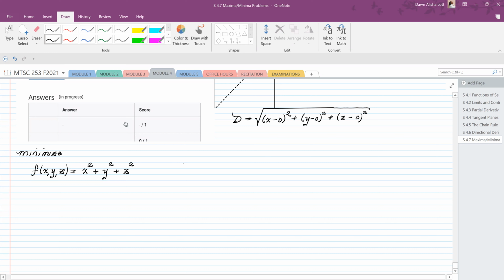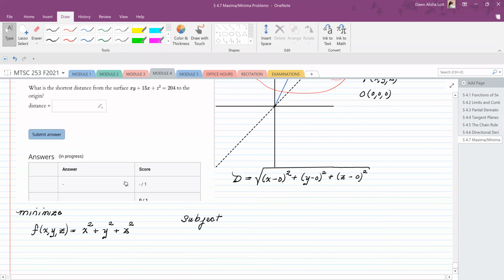Okay, so we want to minimize this function subject to the fact that the point (X, Y, Z) is on the surface. So therefore the point has to satisfy X times Y plus 15X plus Z squared is equal to 204.